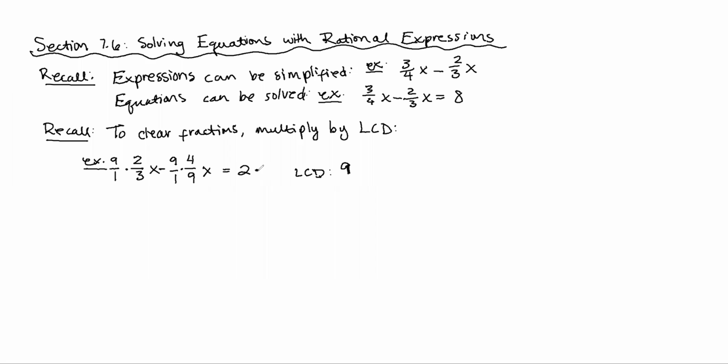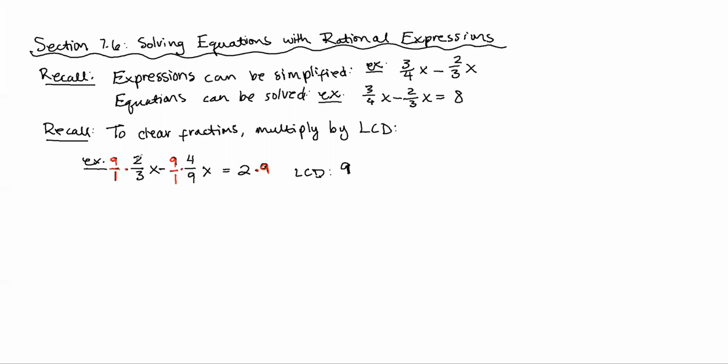And then on the right, I'm going to multiply this 2 by a 9. So all we've done so far is put in these 9s so that we're multiplying every single term by 9. That's our first step here. Once you do this, all of your fractions should be eliminated. So let's go ahead and take a look at what that looks like.